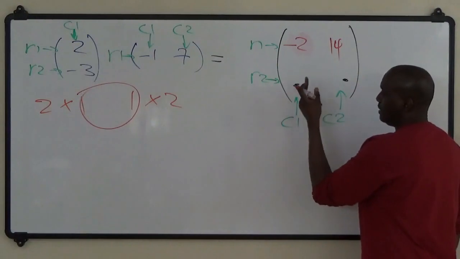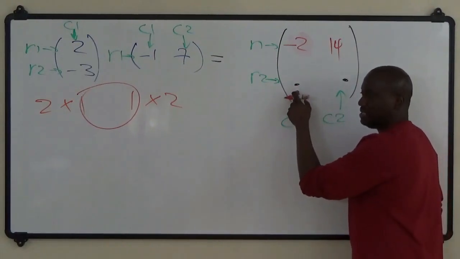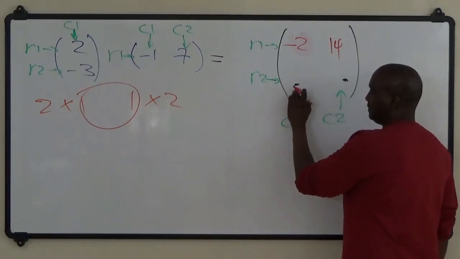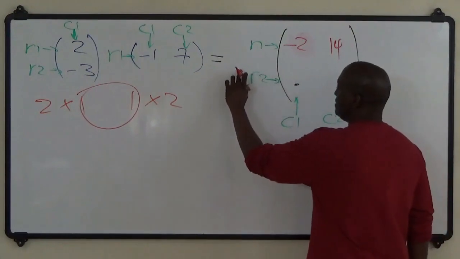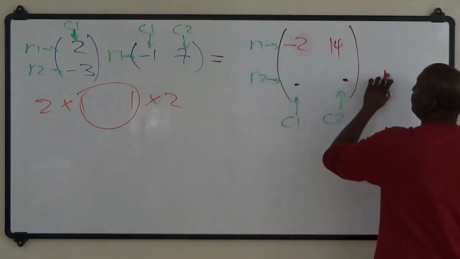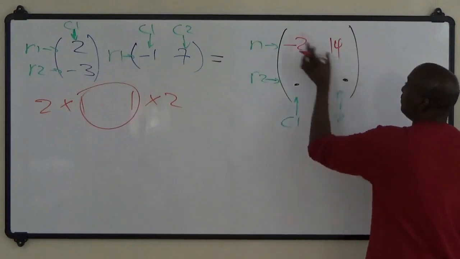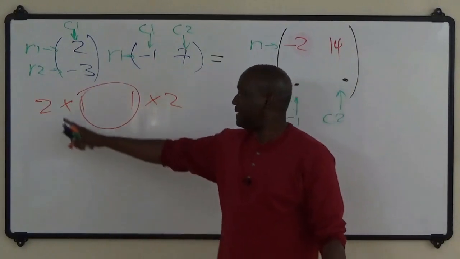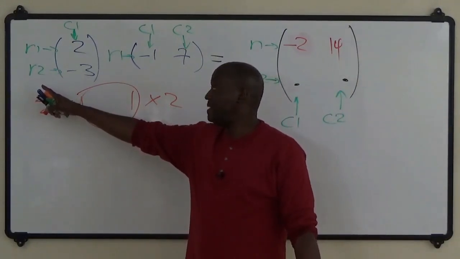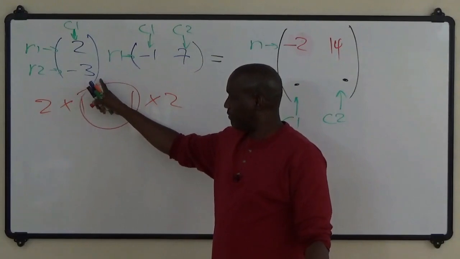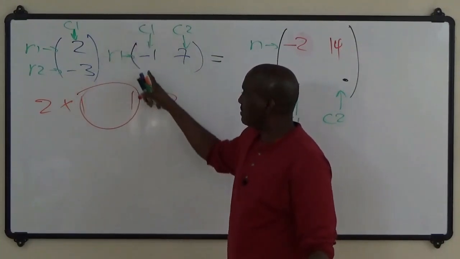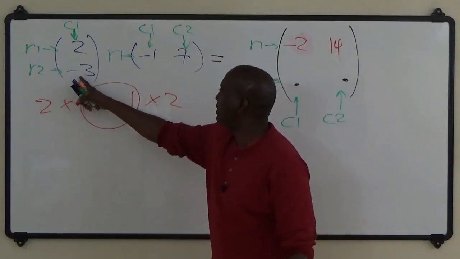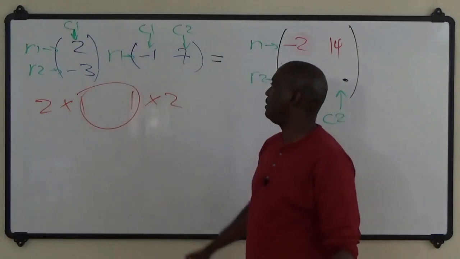Similarly here, the entity that will be located at the intersection of the second row and the first column of matrix C will be formed by the interaction between the second row of matrix A and the first column of matrix B. So in this case, it will simply be minus 3 by minus 1.